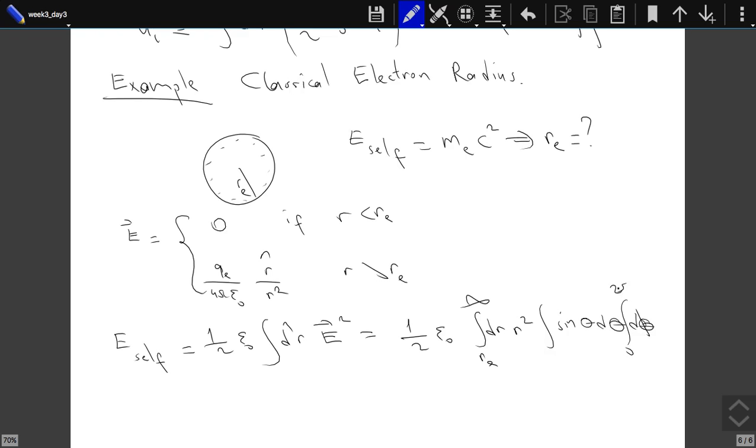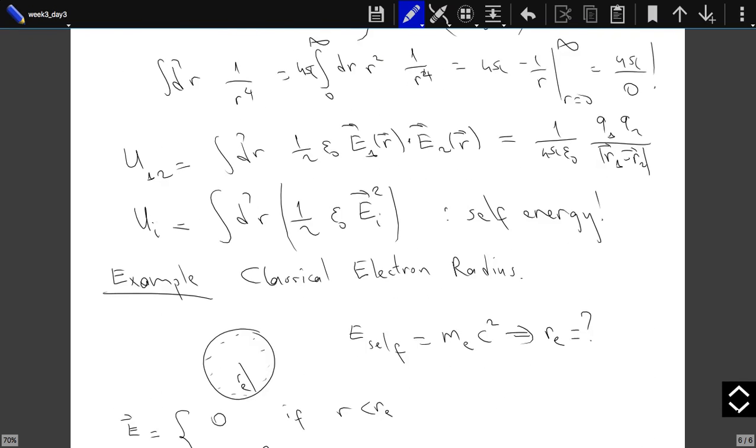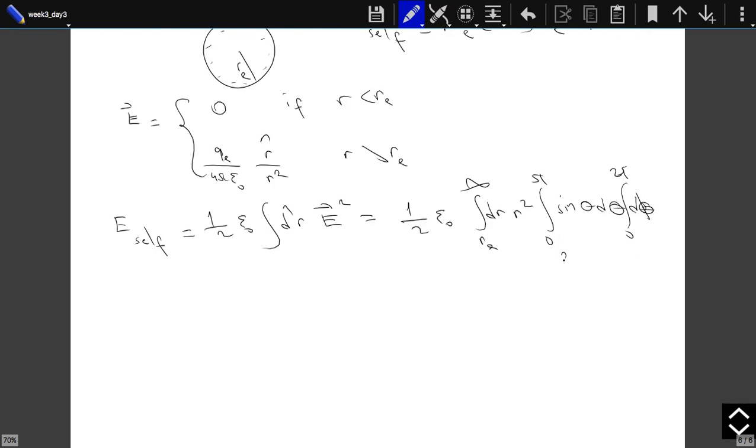Phi goes from 0 to 2 pi, theta goes from 0 to pi. We are integrating over all of space. Well, E squared is Q_e over 4 pi epsilon 0, squared, times 1 over r to the 4. So this will be equal to 1 over 32 pi squared epsilon 0, charge of the electron squared.